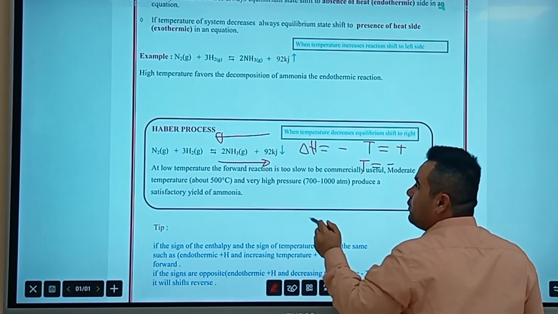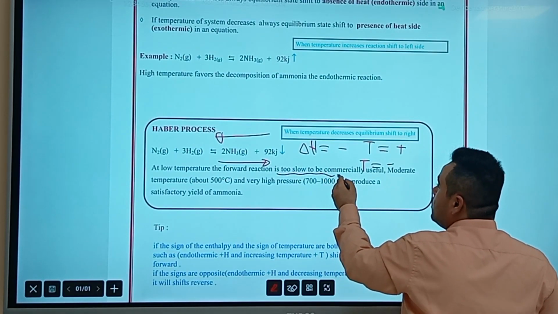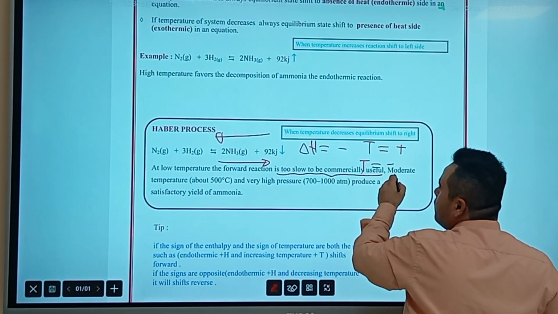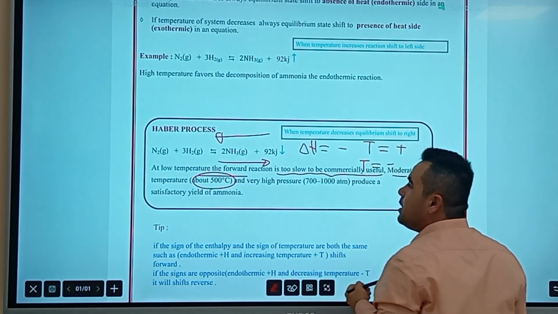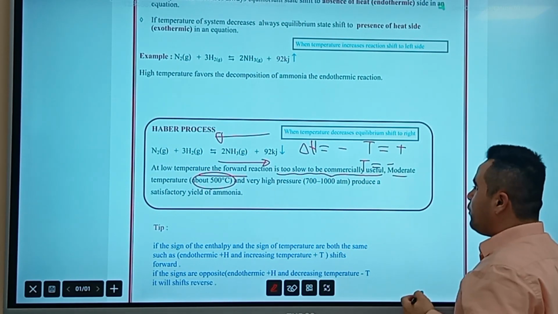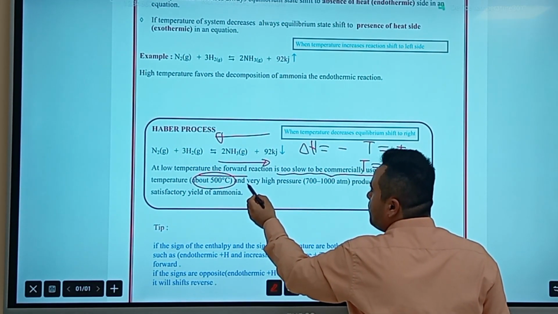At low temperature, the forward reaction is too slow for the Haber process to be commercially useful. A moderate temperature of 500 Celsius is the temperature of the Haber process. I prefer that you know the conditions of the Haber process.